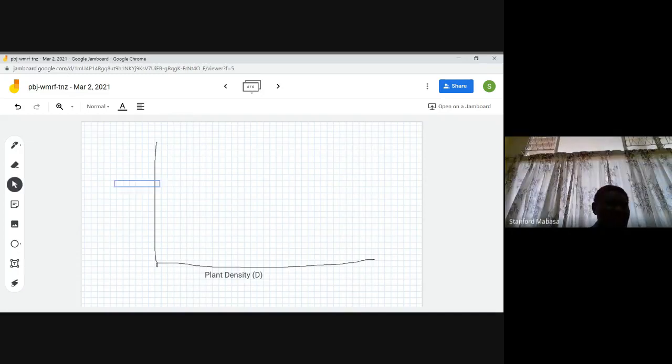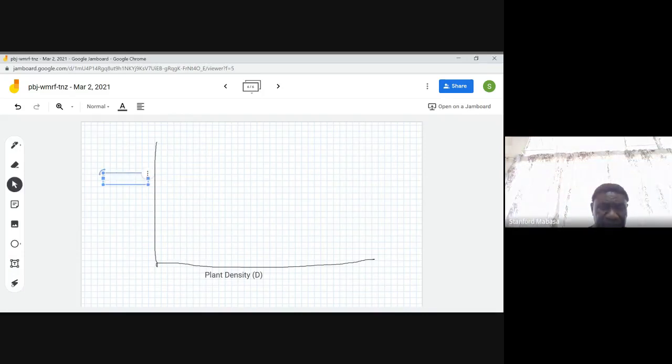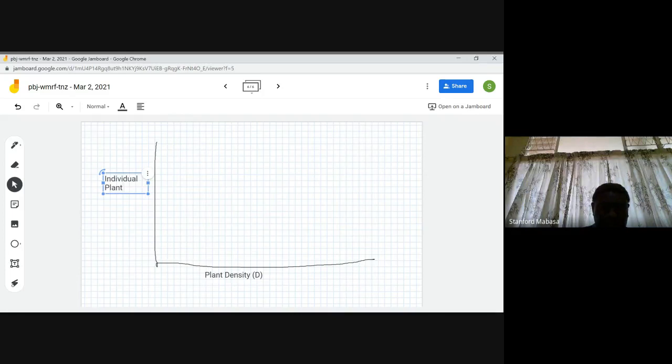Then here we have got individual plant. We can represent it by W.